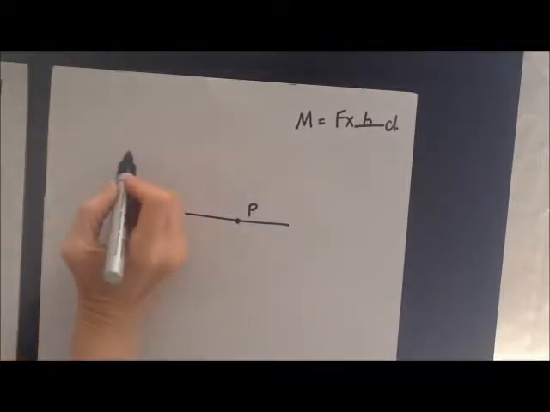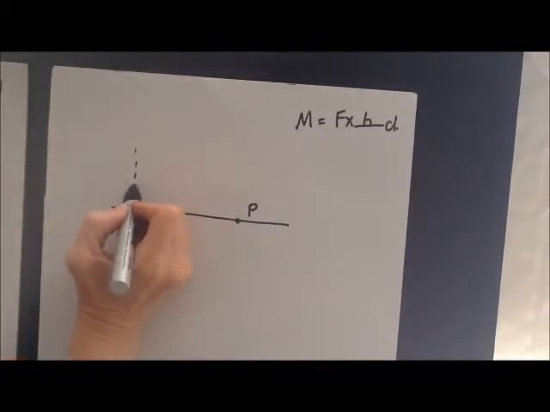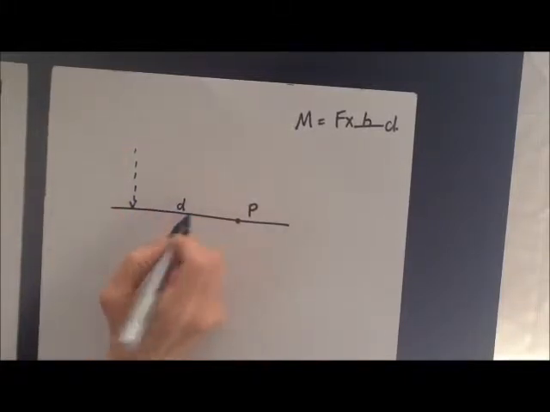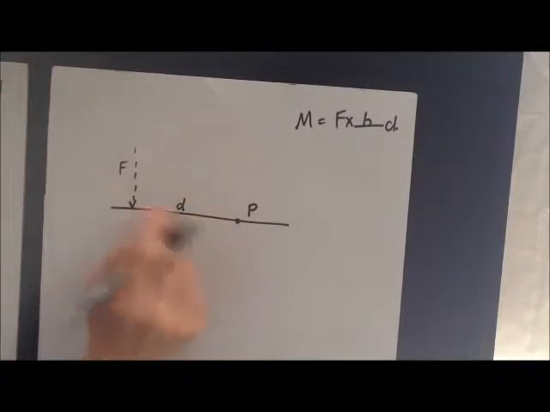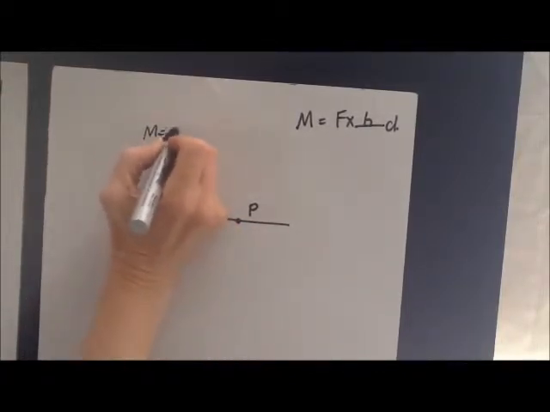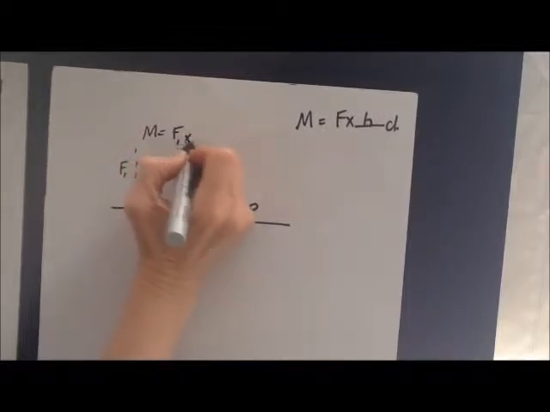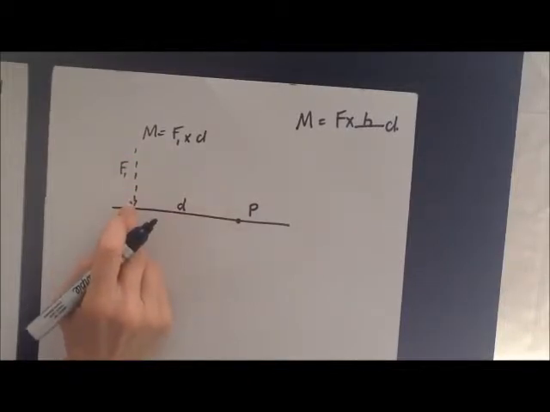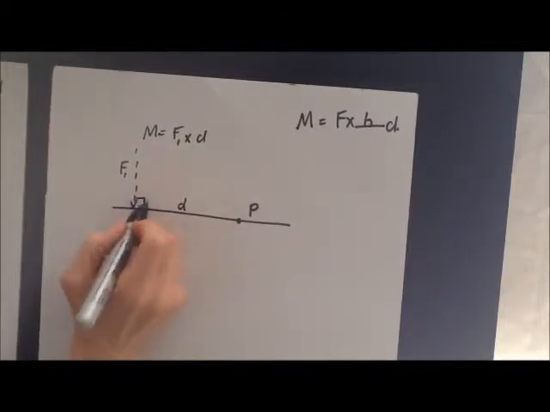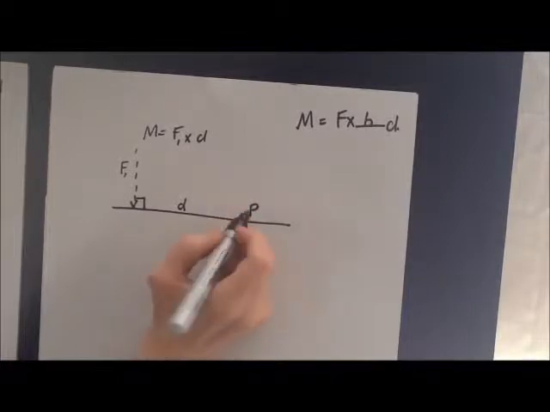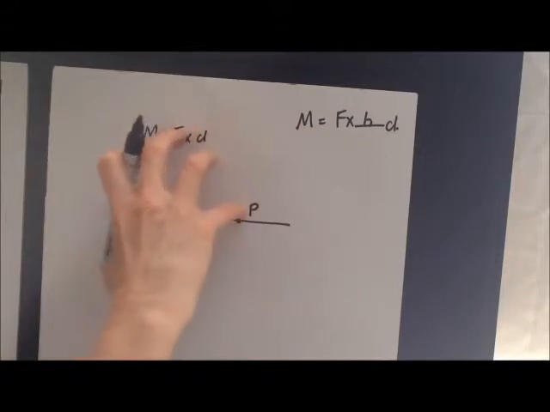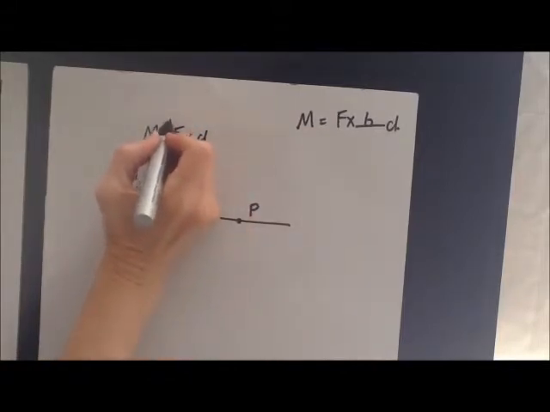The most straightforward moment that we can show here is if we had a force here and a distance d here, that the moment due to this force around P would be, I'll call it force 1 times distance, because that force is multiplied by its perpendicular distance back to the point where we're calculating the moment. And because it's counterclockwise, it's positive.